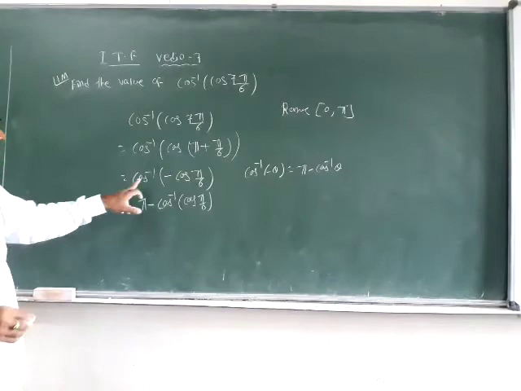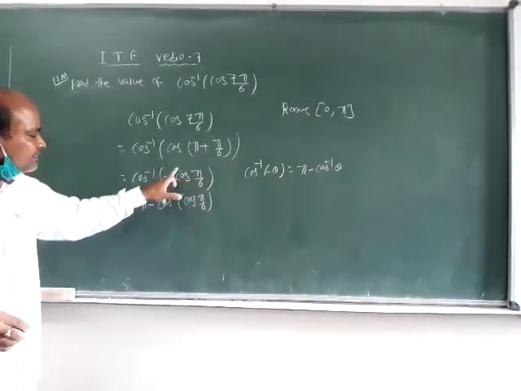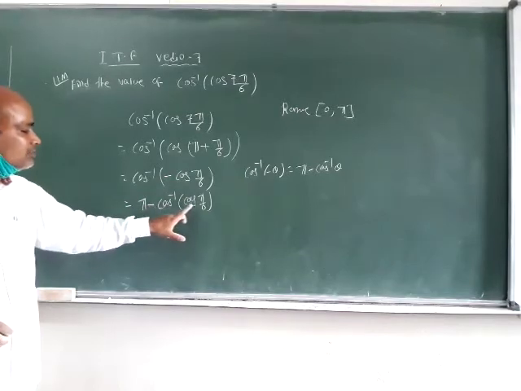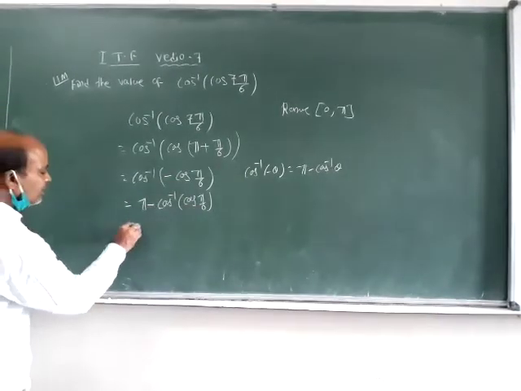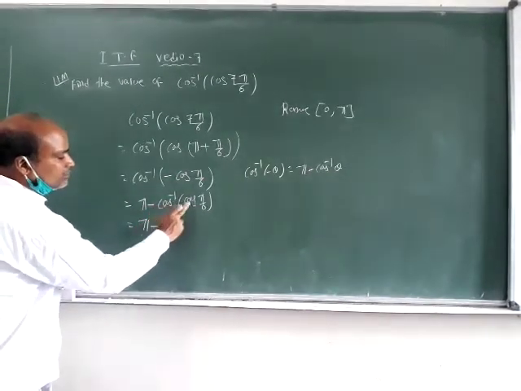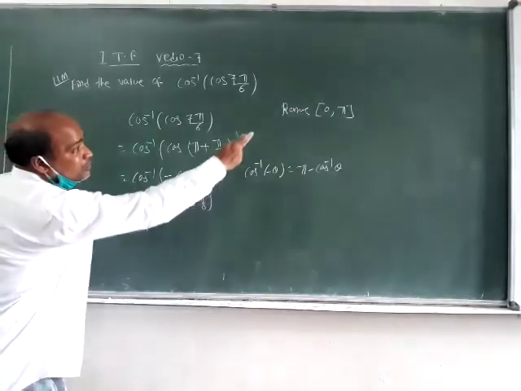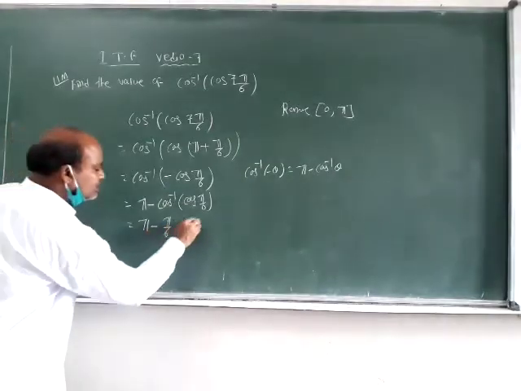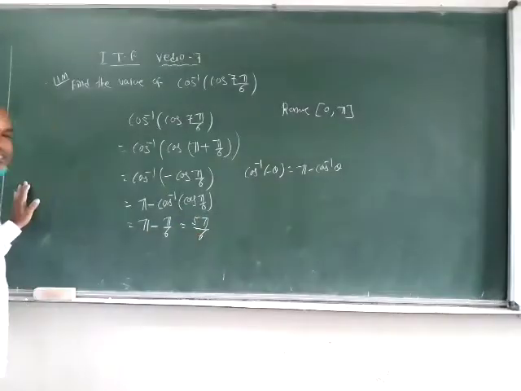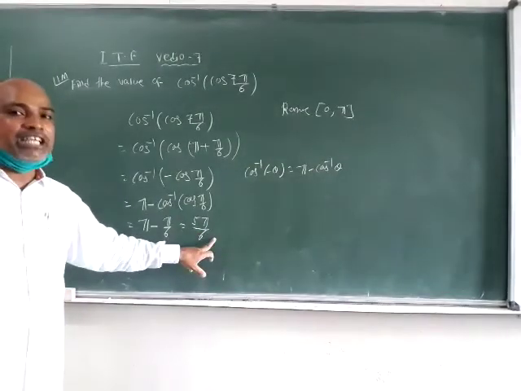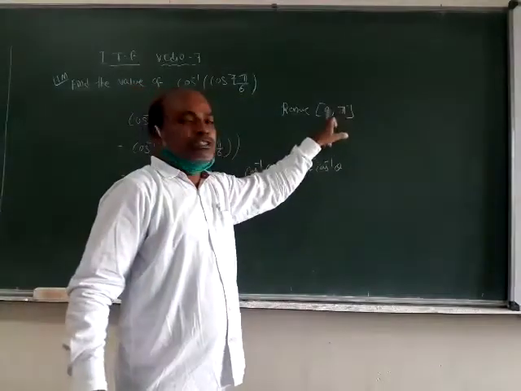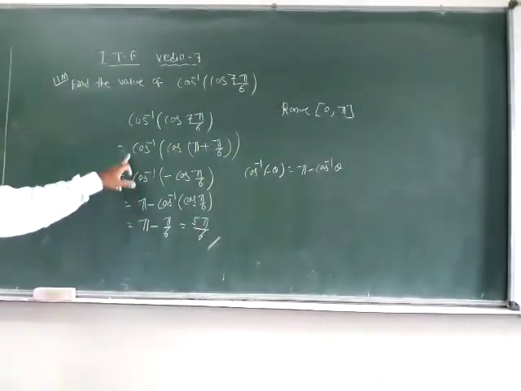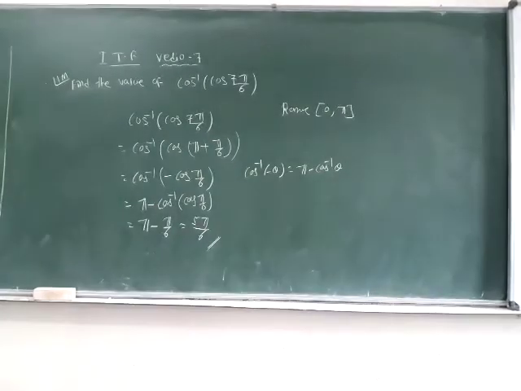So that is pi minus pi by 6, since pi by 6 is between 0 and pi. So the answer is 5 pi by 6. 5 pi by 6 means 150 degrees, and that is between 0 and pi. So that is your answer. Be careful with these steps. Note down. Okay?